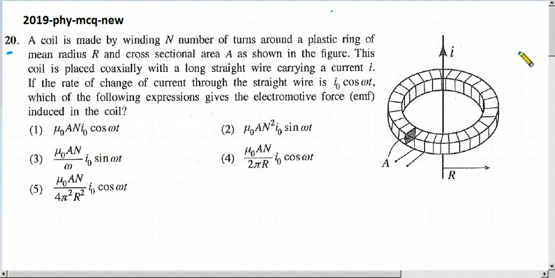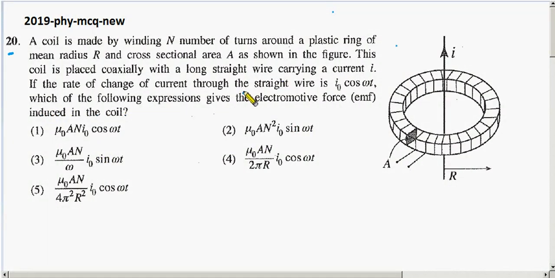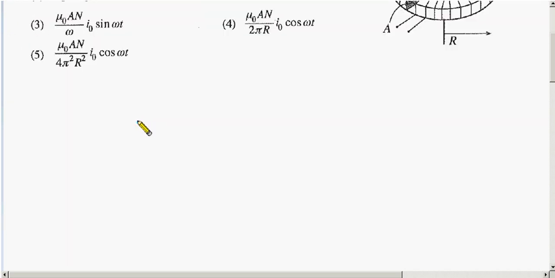So there are 5 answers. Children, how do we calculate electromotive force induced in a coil? We have to go to Faraday's equation. Electromotive force E equals minus d phi divided by dt. This phi is the flux linked.